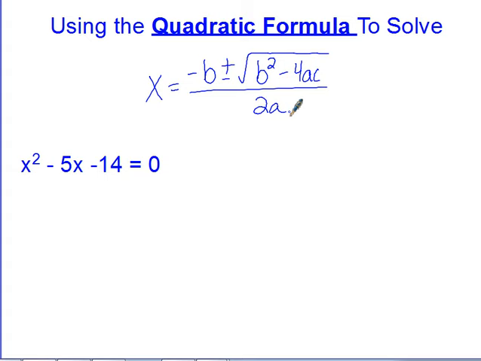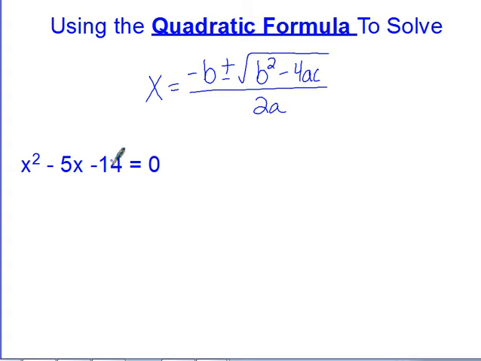Okay? So let's see if you know how to use it. By the way, what the heck are all these A's, B's, and C's? It's from the standard form. So in order for me to use this, my equation has to be in standard form. So don't forget, standard form means that it's equal to 0. If there was an equals 2 or something over here, it's not in standard form, but can I make it?